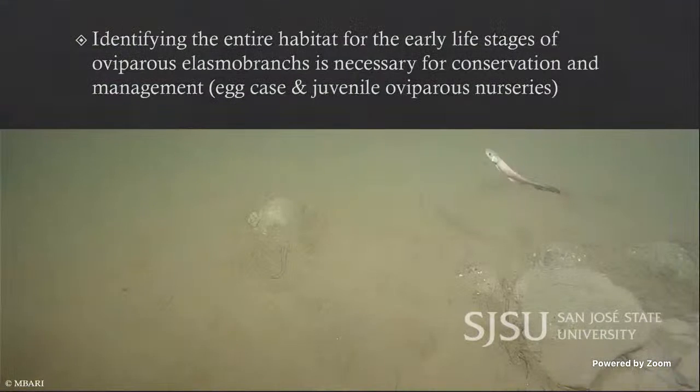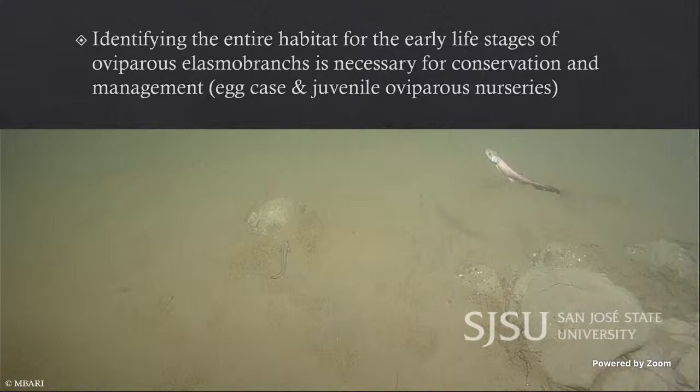Identifying the entire habitat for early life stages of oviparous elasmobranchs is necessary for conservation management, and this would include focusing on both egg case as well as juvenile oviparous nurseries. Post-hatching, juvenile shark survival is incredibly important. This is more so true in the deep sea where there's a higher extinction risk.